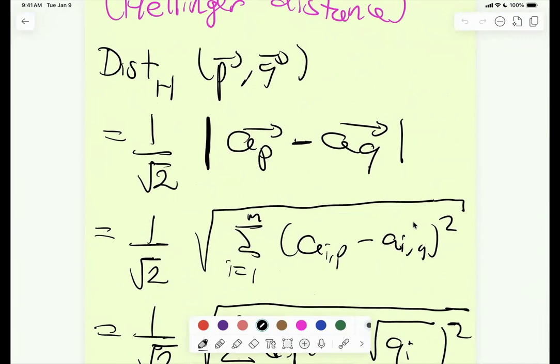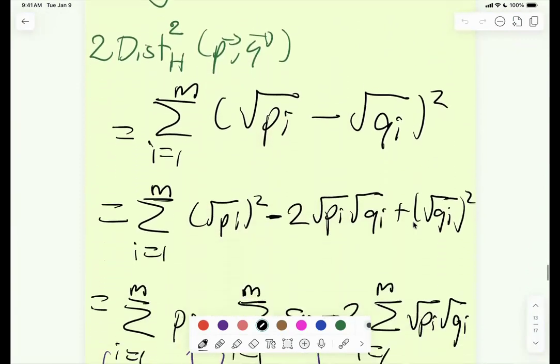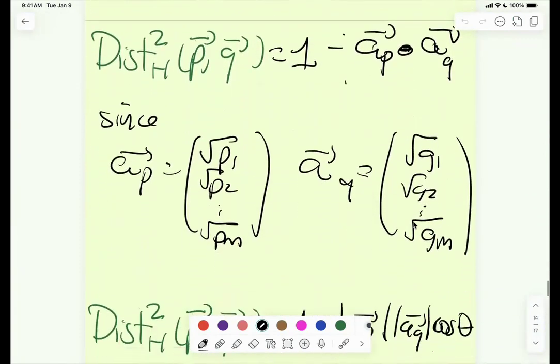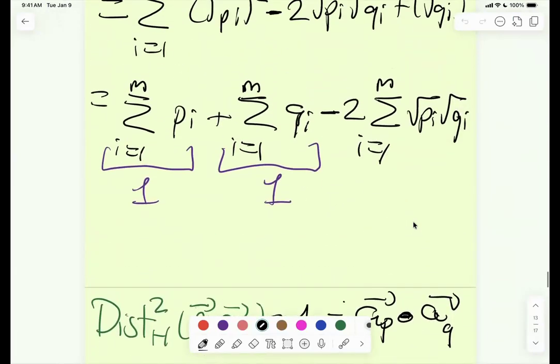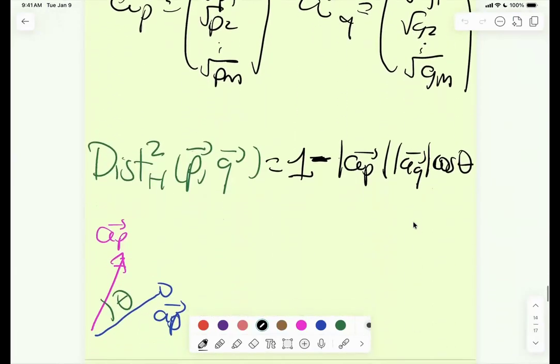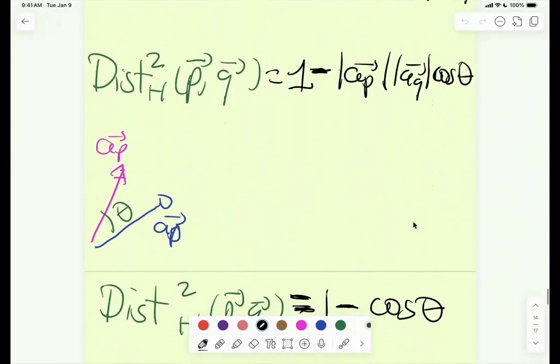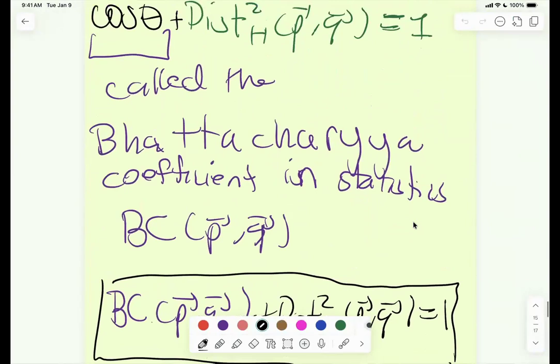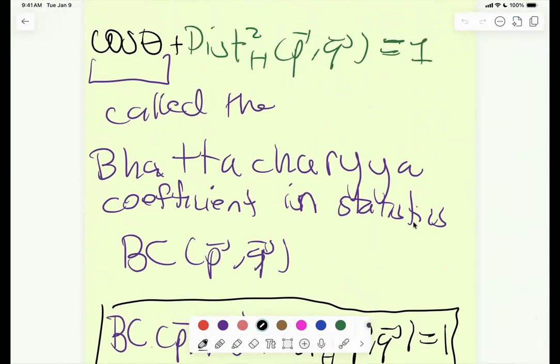So you could define a distance between the probabilities using the distance between the two vectors. We worked out the formula until we got to this nice formula with the dot product, this coefficient called the Bhattacharyya coefficient, which was just the cosine of the angle between the two vectors.